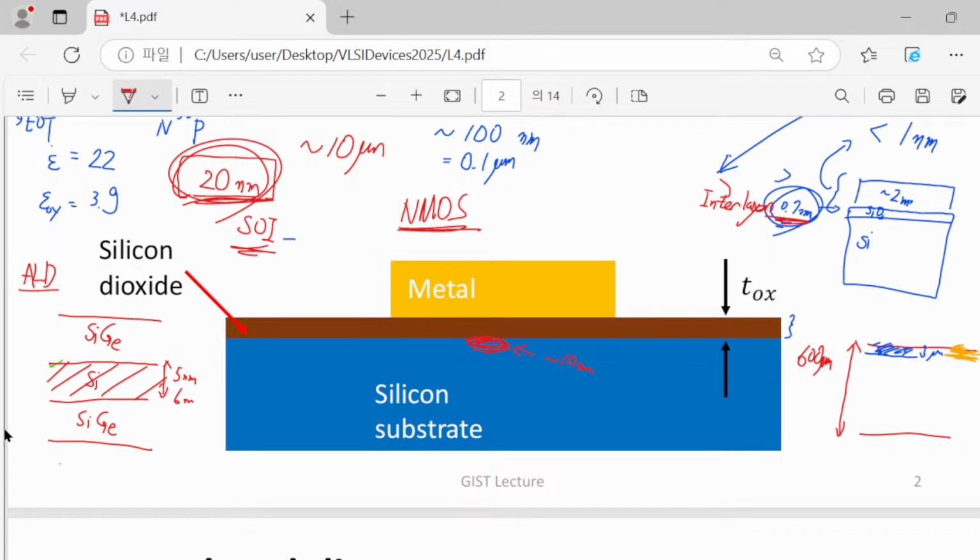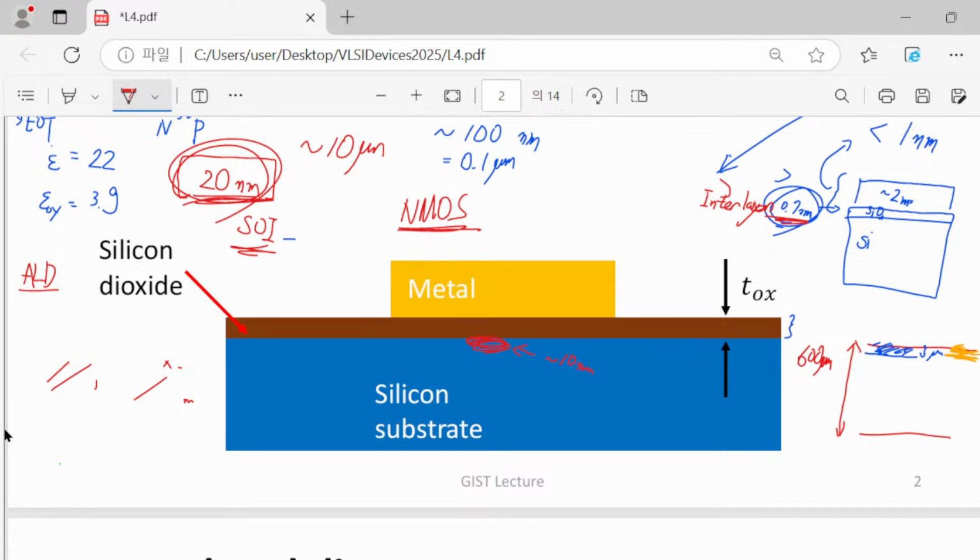For example, something can easily remove silicon germanium, but silicon itself is not damaged by that etchant. So that's the way we define a very thin 5 or 6 nanometer layer here. It is already doped when we grow it. So that is the way we make this kind of structure.